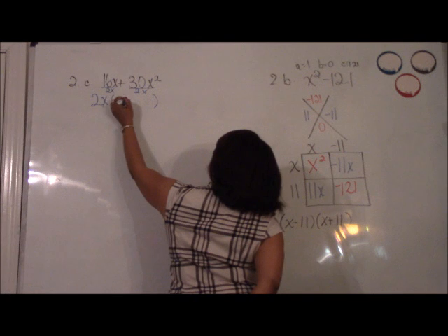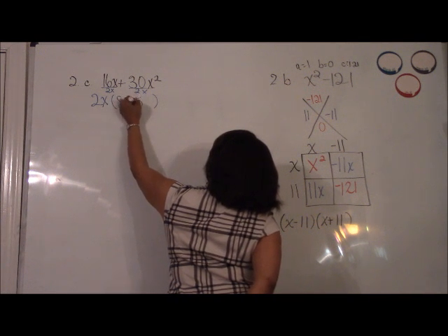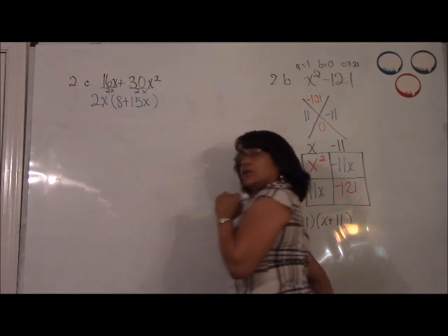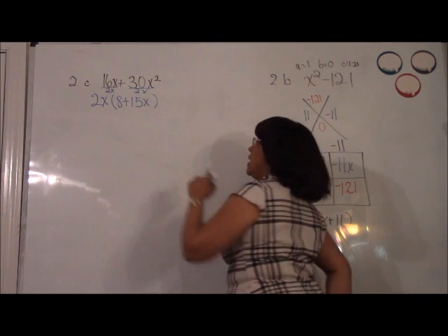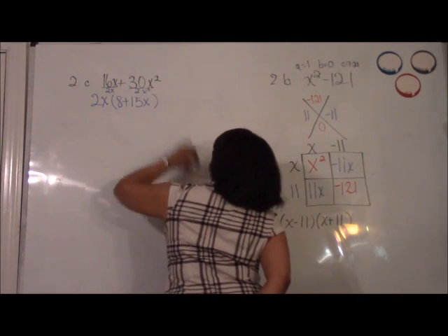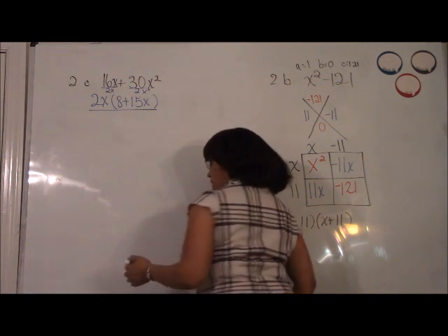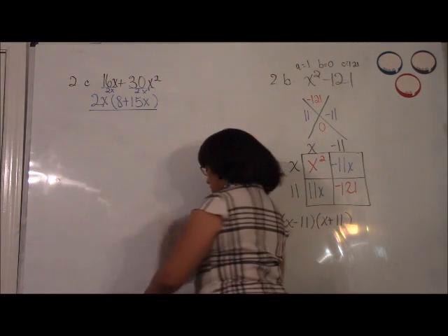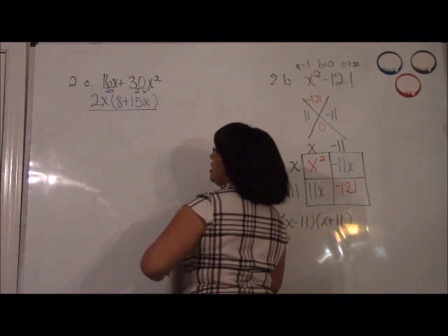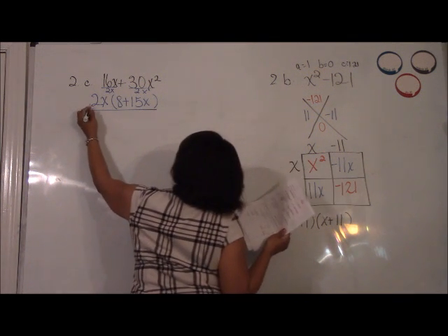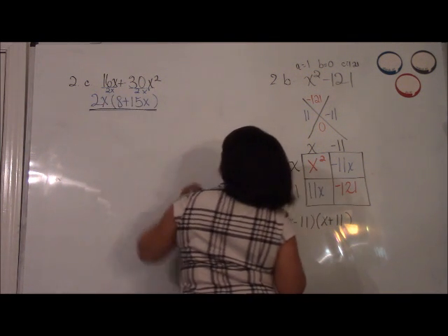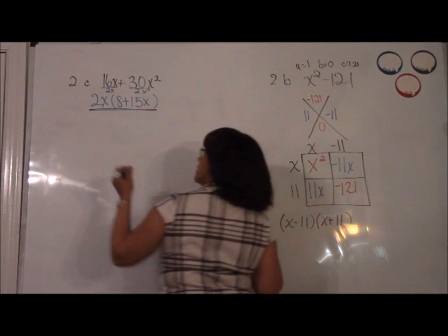Plus 30 divided by 2 is 15, and x squared divided by x is x, because when you divide with variables and powers, you subtract the exponents. So that's your answer. 8 and 15 don't have any GCFs that you can take out further, so you know you got your final answer, which is 2x times the expression 8 plus 15x.